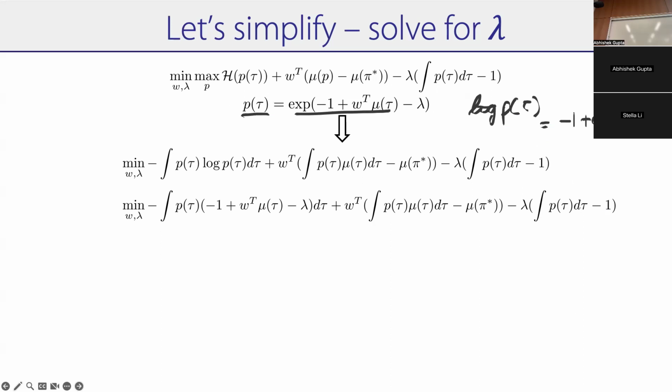Log of exp, they cancel, right? And so this thing is going to just become this guy. And no other substitutions here. So all we did is we substituted in log P tau. Just take the log of this guy.